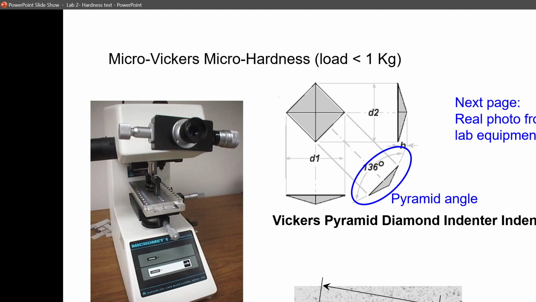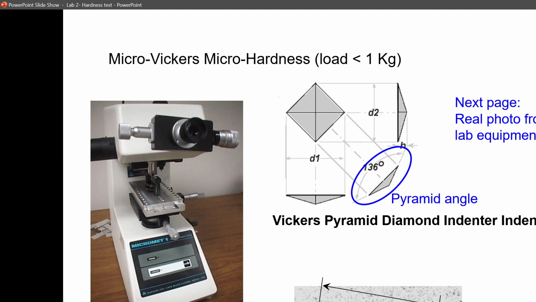It's either 100 or 1,000. It is in your lab instruction, which is already uploaded. And then you create the indent. You rotate this module to a microscope, and you see the indent. There's also a measuring device right here. You're going to see two lines essentially when you look through the microscope. And using these two lines, you can measure the indent.